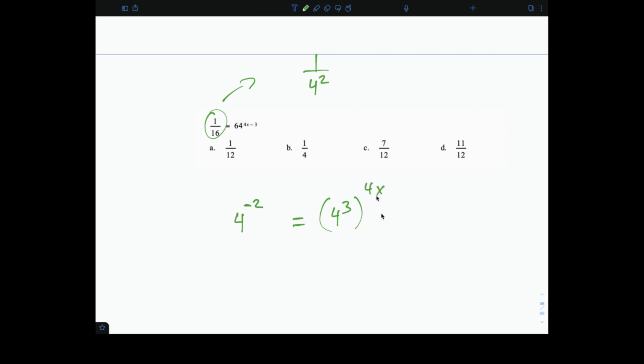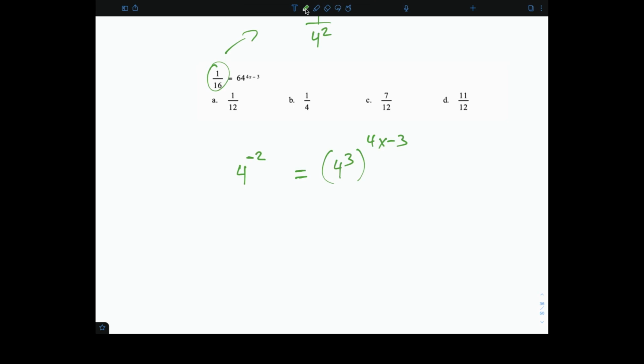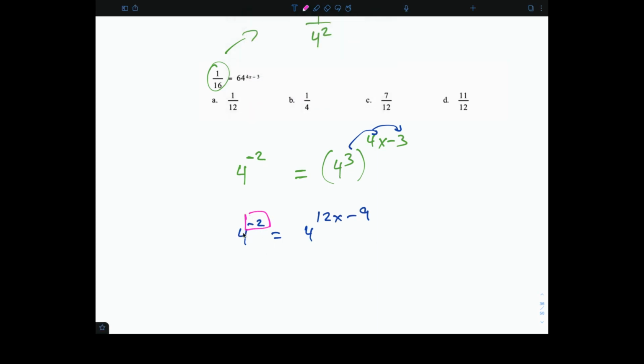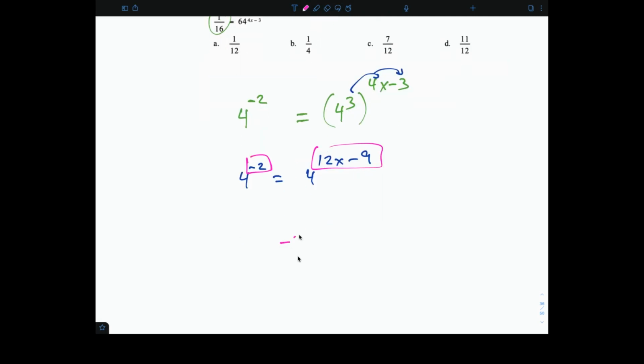And this is going to be raised to the 4x minus 3. Again, the rule is exponents. We multiply. So I'm going to distribute the 3 into both of these, and I'm going to get 4 to the negative 2 equals 4 to the 12x minus 9. The negative 2 and the 12x minus 9, they're going to match up.